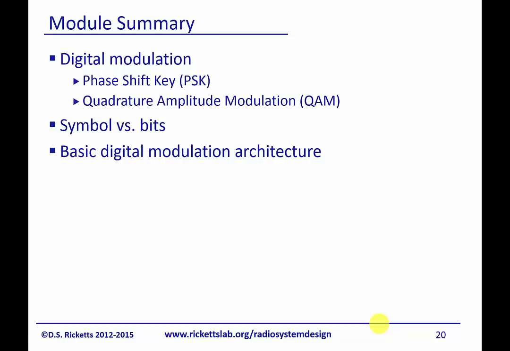All right, that's the end of the introduction to digital modulation. We talked about phase shift keying and quadrature amplitude modulation. We talked about the important concept of a symbol and a bit, and that symbols can contain many bits. Remember, I'll just do this as a quick overview. A symbol is one of these dots on the constellations.